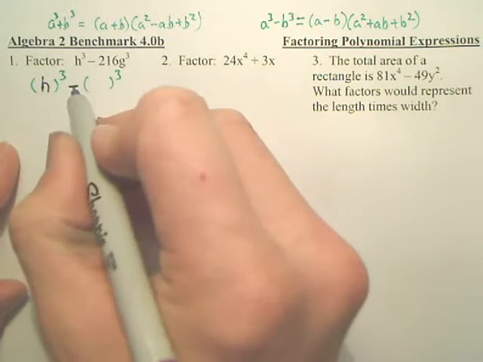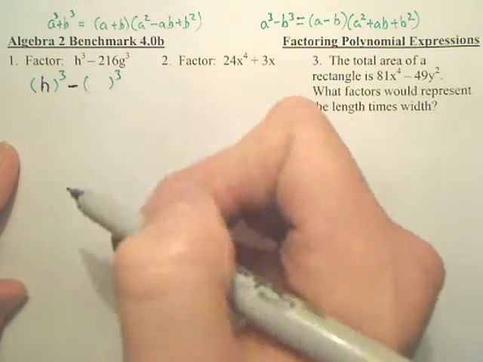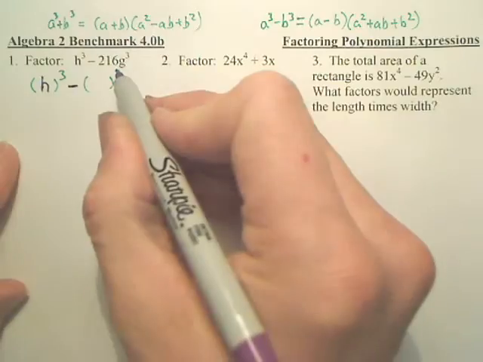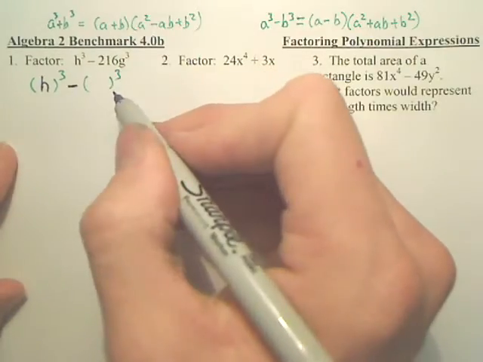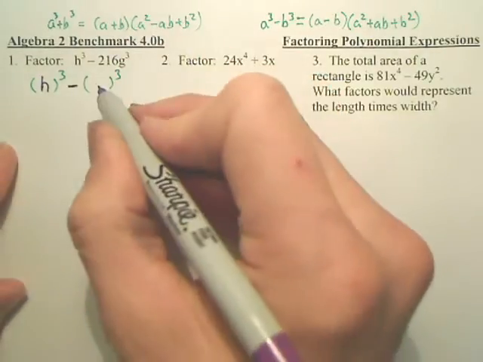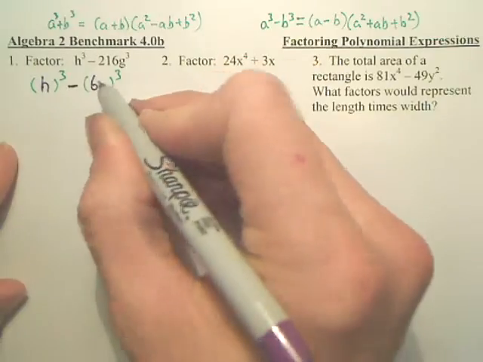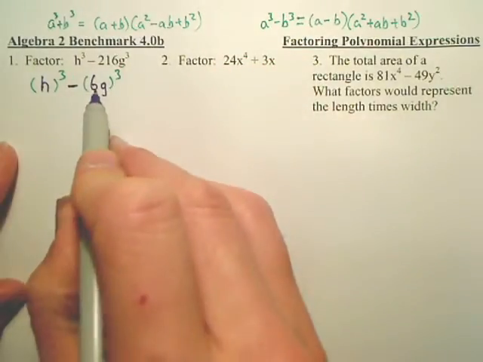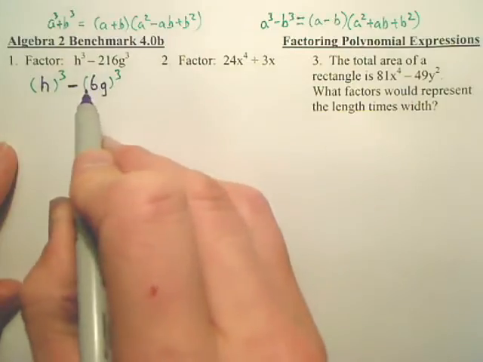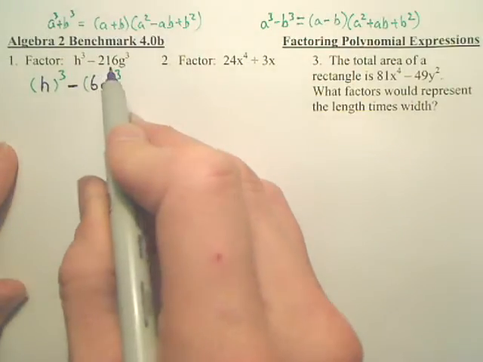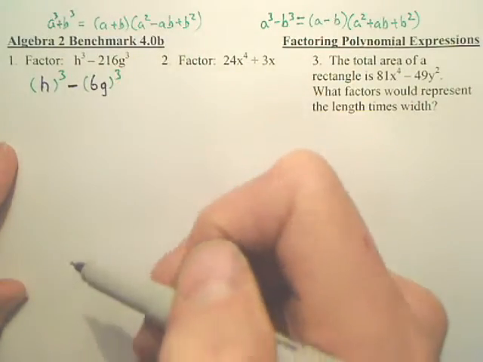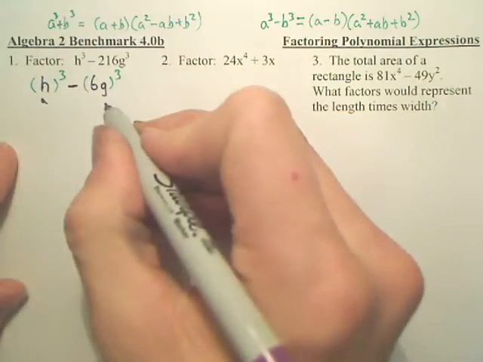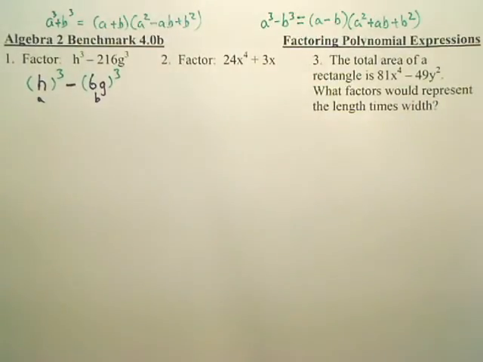The reason I have a minus here is because I have a minus there. 216, well, we have to memorize this one, is actually 6 cubed. And g cubed, so this would be 6g. Because 6g times 6g times 6g is 216g cubed. This is your A, this is your B.